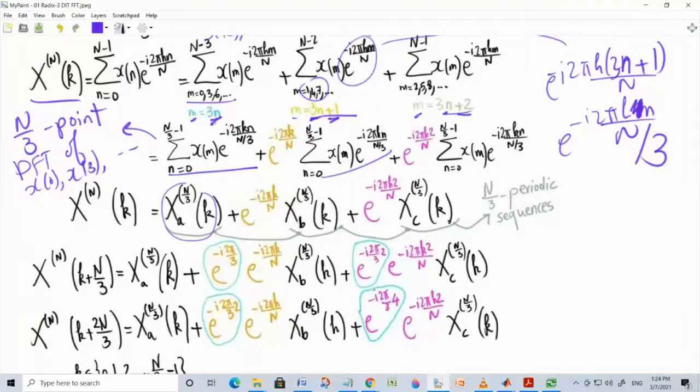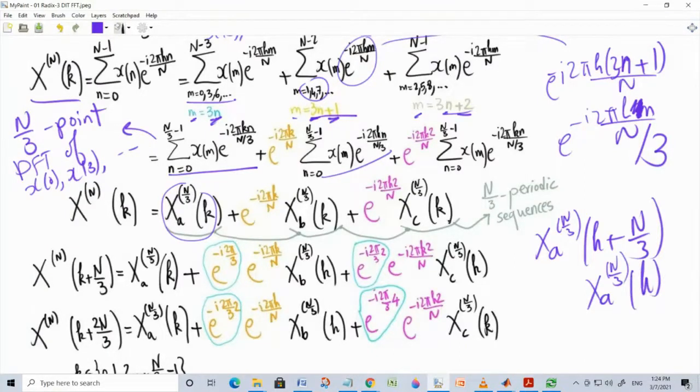Note that each one of those sequences is N over 3 periodic, which means, for example, that if you take this one and replace k by k plus N over 3, or a multiple of N over 3, you will get the same result back. Those are N over 3 point DFTs, and so they are periodic with a period equal to big N over 3.